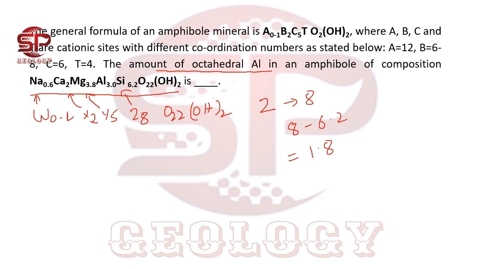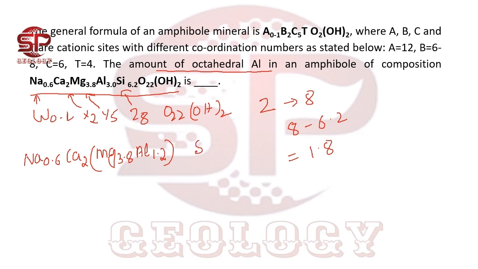So you can write the formula like this: Na0.6, Ca2, Mg3.8, aluminum, it is given 3, so it will be 1.2 here. It adds up to 5 according to the general formula.